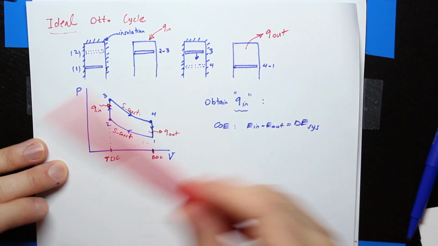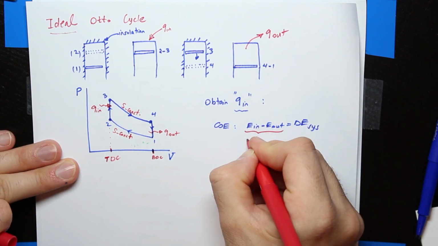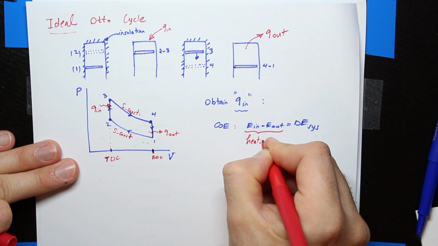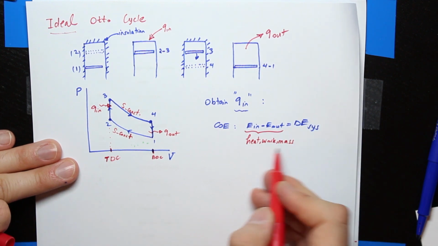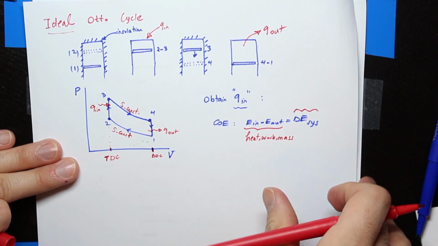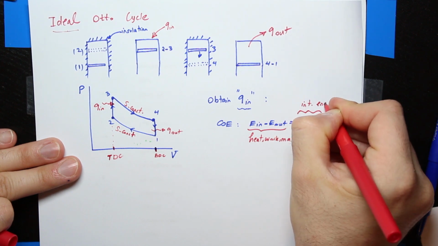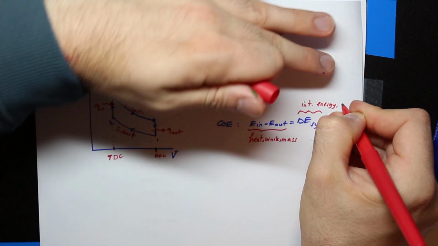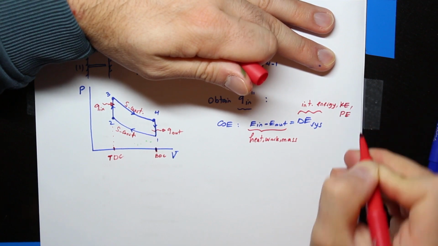I know that on the left hand side of COE, generally speaking, we have energy transfer by heat or work or by mass, because these are the dynamic forms of energy. On the right hand side, we have the change of energy in forms of internal energy, kinetic energy, and potential energy.